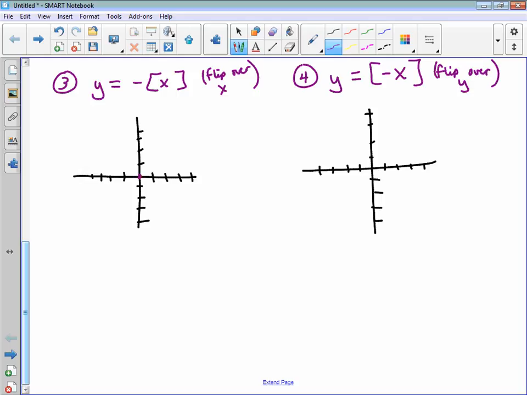So let's do the flipping over the x first. The piece of our graph that's on the x-axis, is that going to go anywhere? Nope. The stuff from the first quadrant is now going to end up in the fourth quadrant. Sort of like your slope just changes, okay?